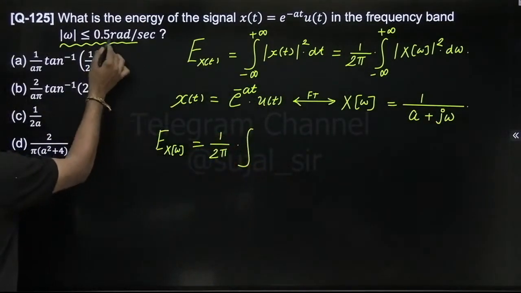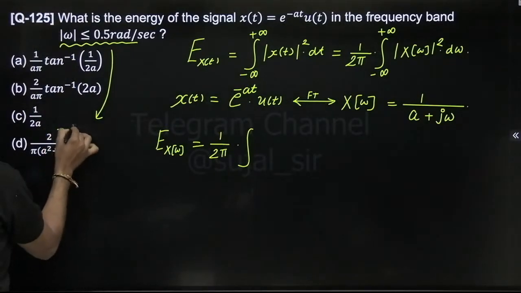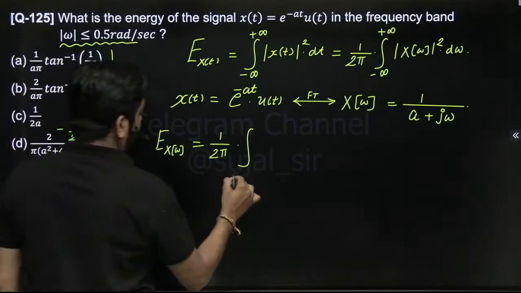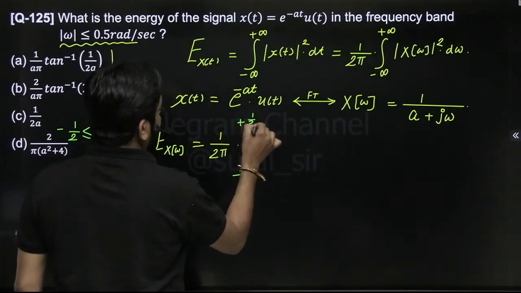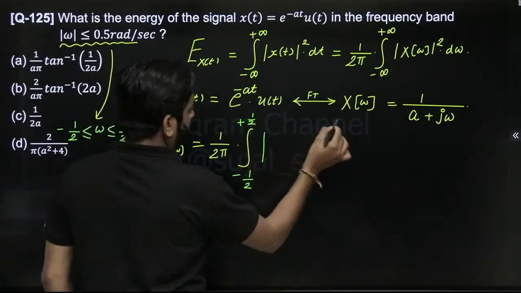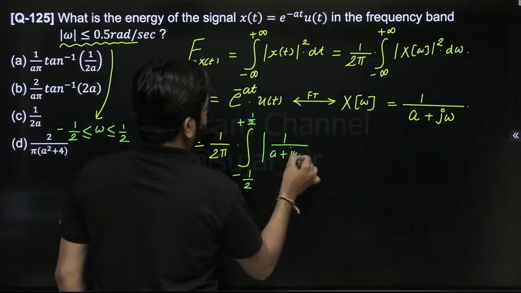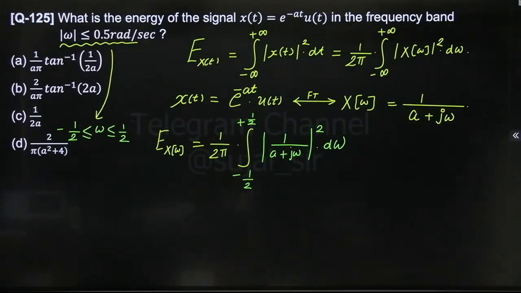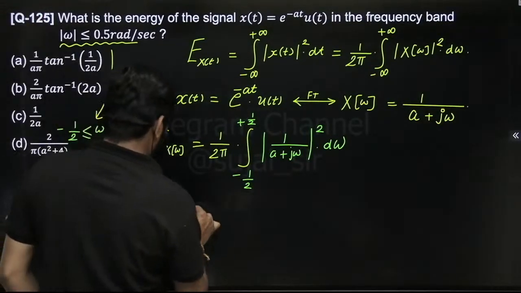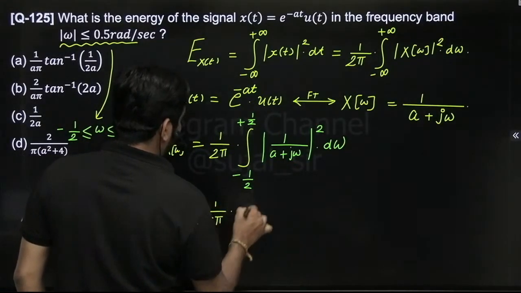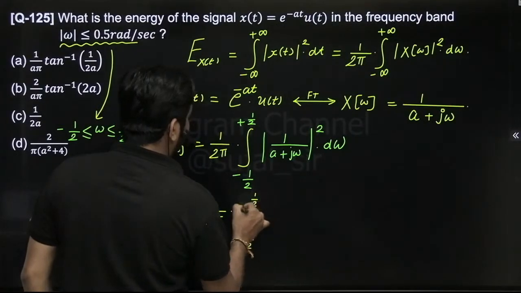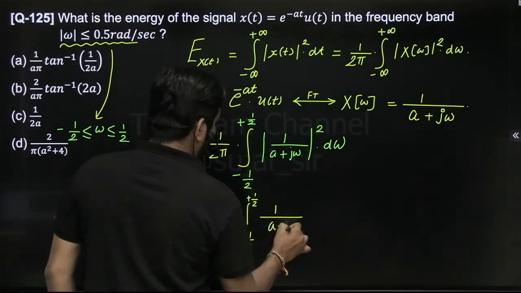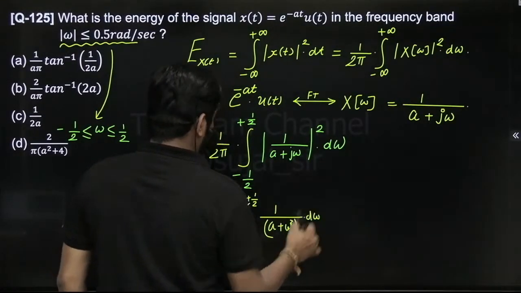Now the band means omega goes from minus 1 by 2 to plus 1 by 2, of mod a plus j omega whole square d omega. Are you getting? So the energy will be 1 upon 2 pi, from minus 1 by 2 to plus 1 by 2, the square root and square cancel out, integral of 1 upon a square plus omega square d omega.